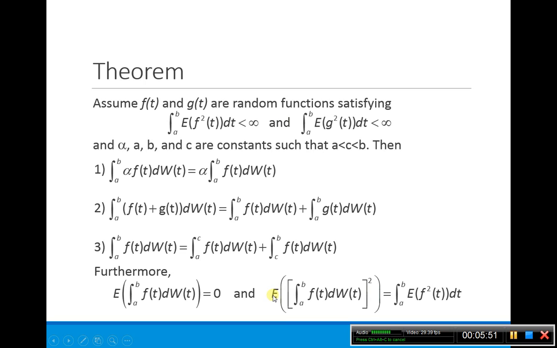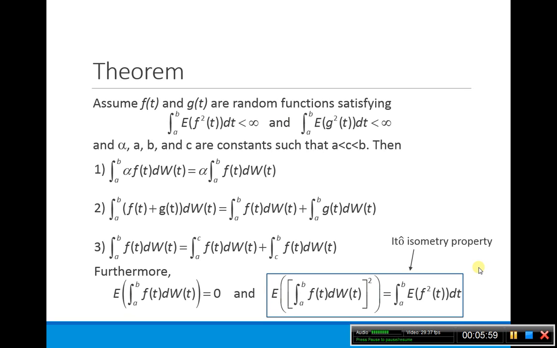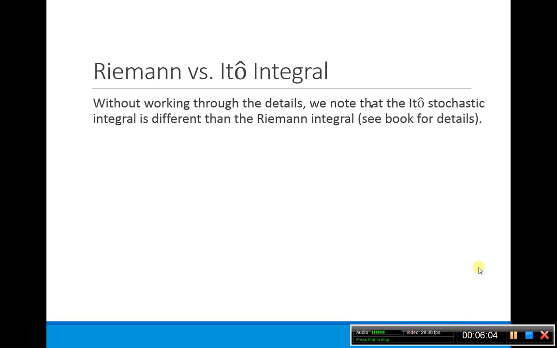So we can think about bringing this expected value in, and the squared, and here we have this. This is what's called the Itô isometry property. Without working through the details, and if you're interested in the details, you can see the book, there's lots of other material on this Itô stochastic calculus, and I really just want to give you the basics here.